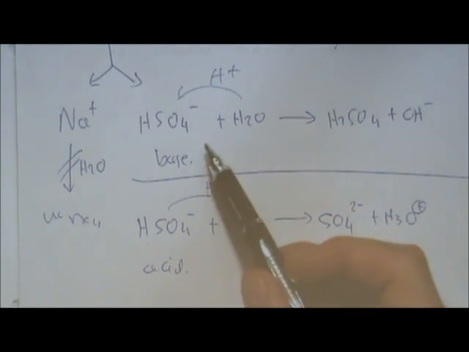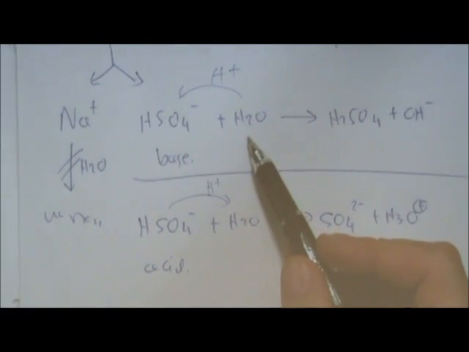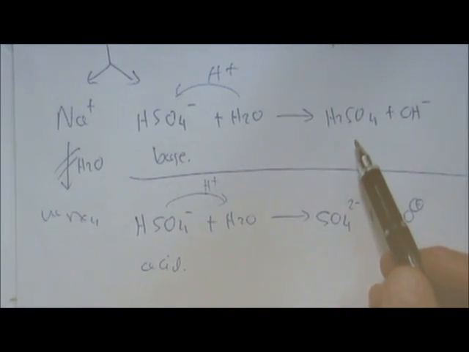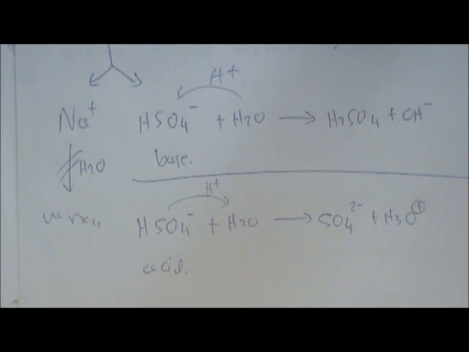Look at this. Hydrogen sulfate with water will produce what? H2SO4? H2SO4 cannot exist in water. When you put it in water, it's a strong acid. The first ionization of sulfuric acid is a 100% reaction, a quantitative reaction.